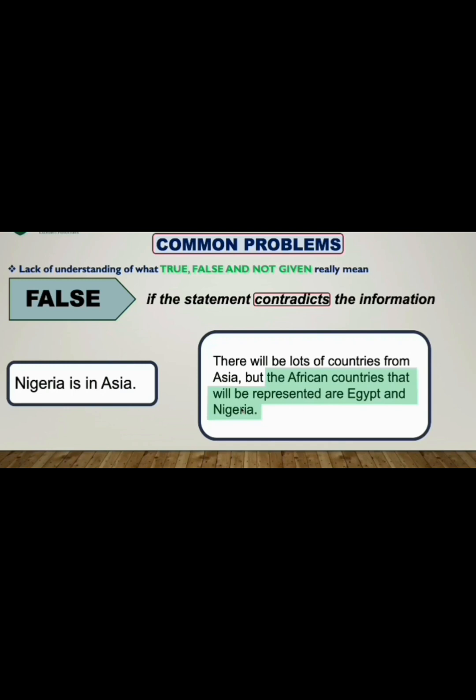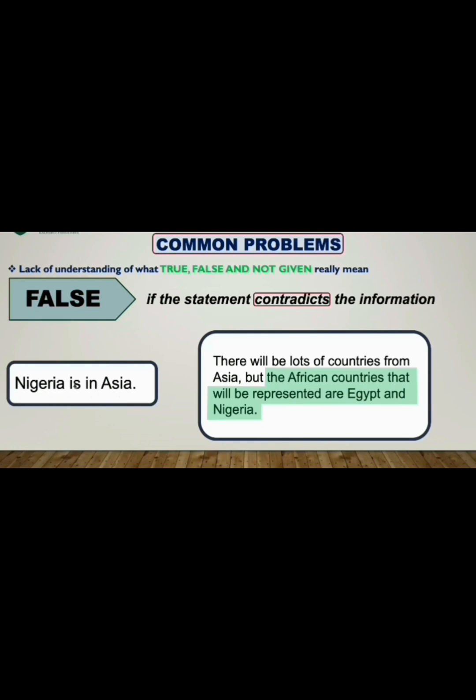Now, what is this saying? It's saying that Nigeria is in Africa. And what does that mean? That Nigeria is not in Asia, which is our incorrect statement. Our incorrect statement is Nigeria is not in Asia.